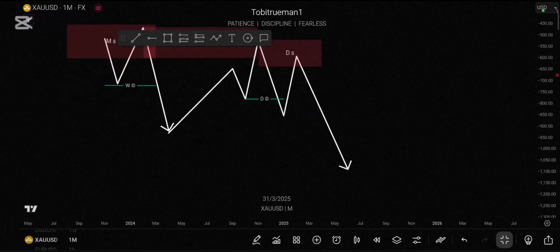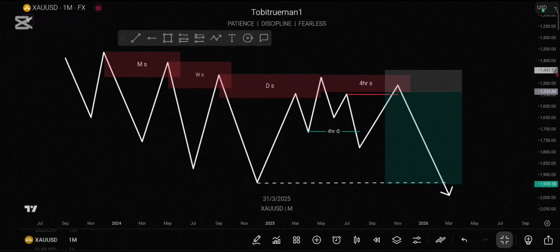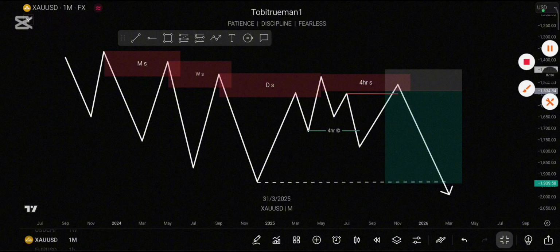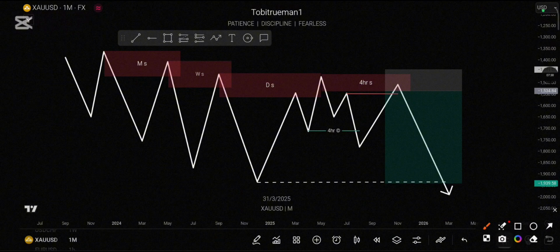Then if you want to take it further, whereby maybe you want to enter the trade on the 4-hour time frame, probably when you go there, if you see an entry there, you know that our monthly supply, we have confirmed it. Our weekly, we have confirmed it with change of character. Our daily also.